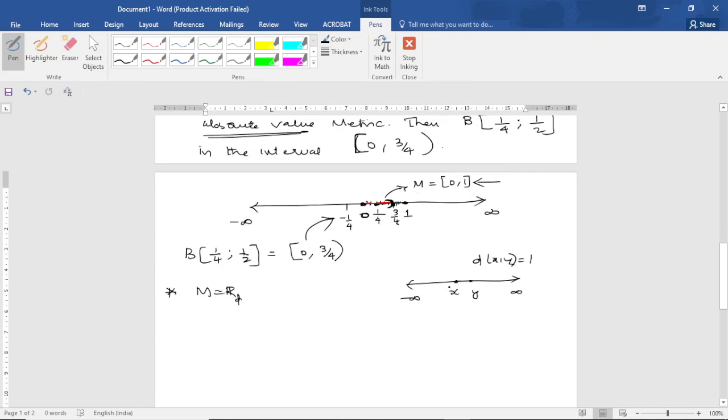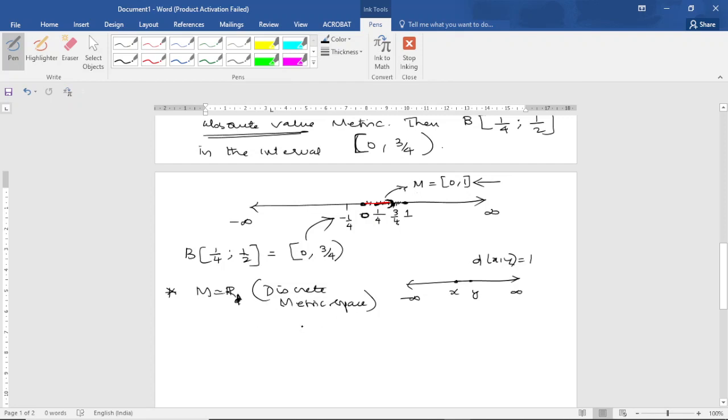This is how we define the metric on the real line, and that metric space we call the discrete metric space. Generally the real line we simply denote by R. If I put the suffix d, it is understood that the metric is given by d. It is called the discrete metric space.